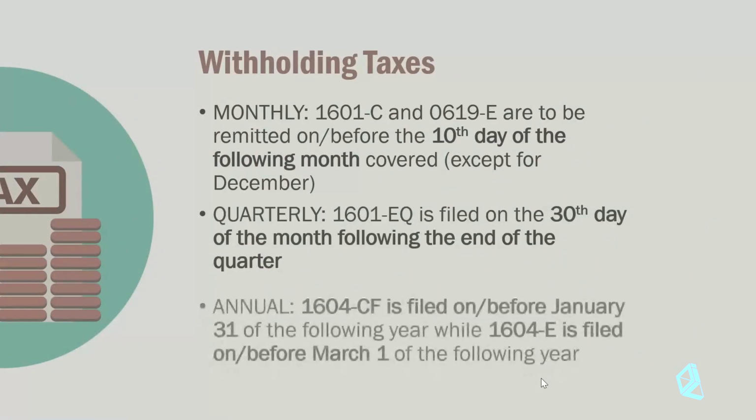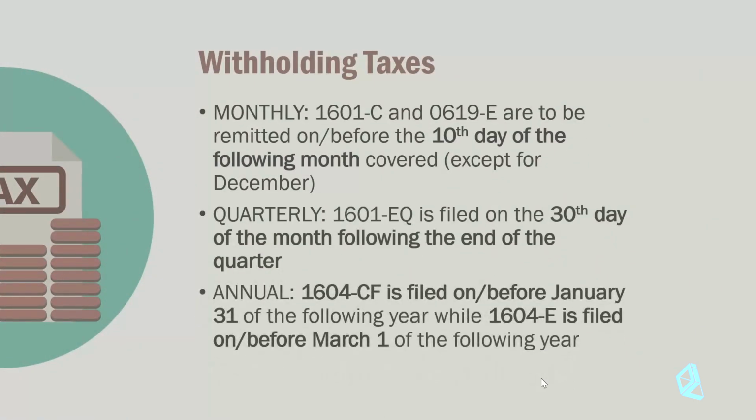So you have monthly, quarterly, and annual. Monthly would be 1601-C. These are the payments to your employees, where you are withholding a certain percentage of their income as advance payment for their taxes.